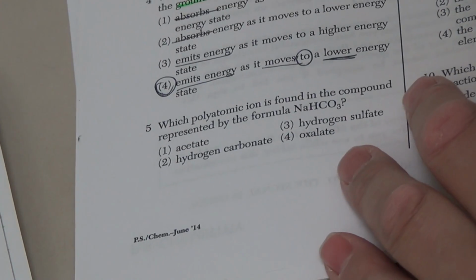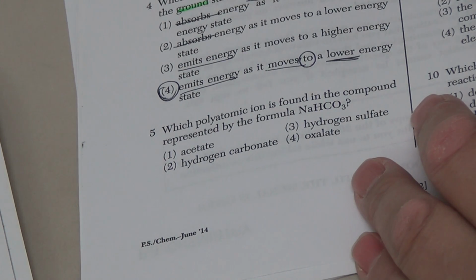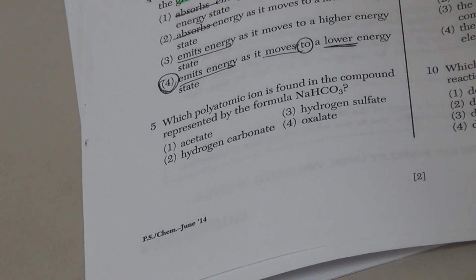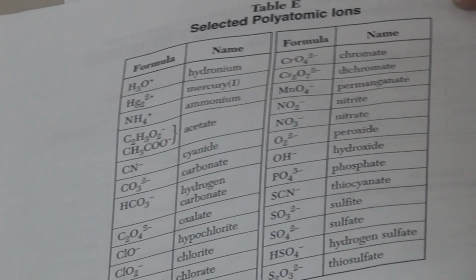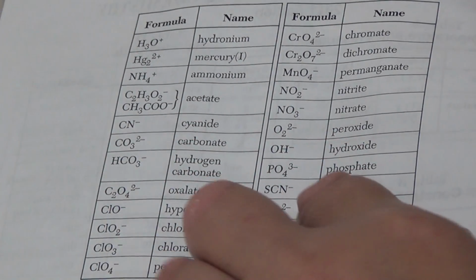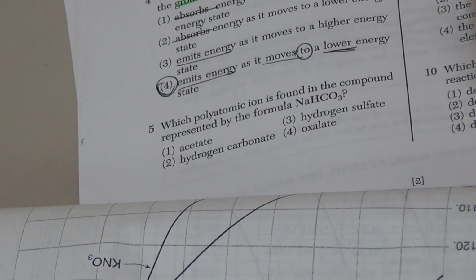Question number 5. Which polyatomic ion is found in the compound represented by the formula NaHCO3? Fortunately, there's a reference table for that. And that reference table is reference table E, the table of the polyatomic ions. Let me get it in view here. Okay, there we go. Now, you'll notice that we have in our question NaHCO3.